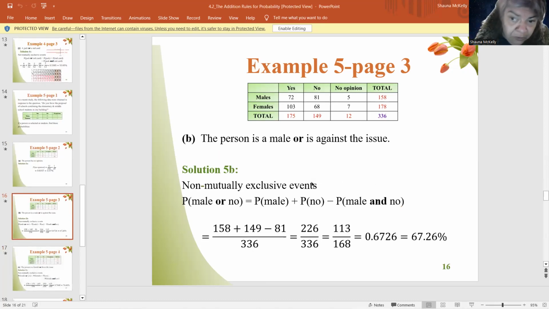The person is male or is against the issue. So here, okay, we have to look. Now, males are this first, oops, my apology. Males are the first group that we see here.